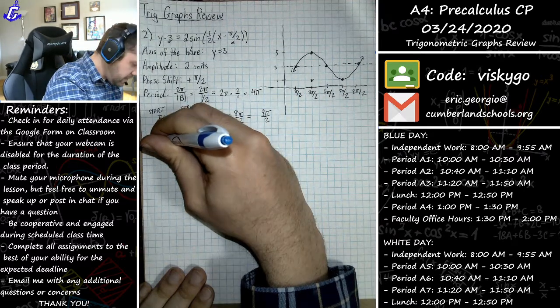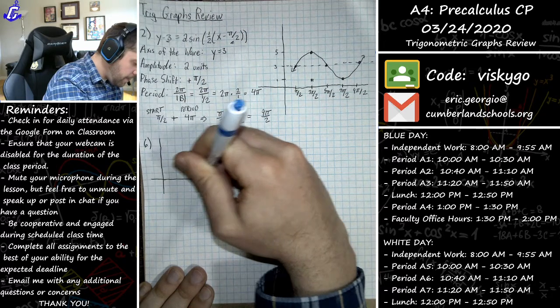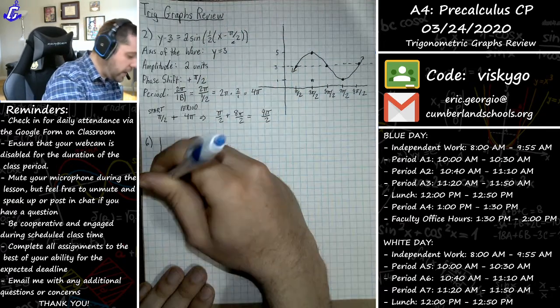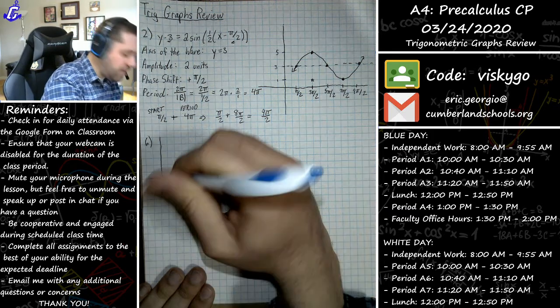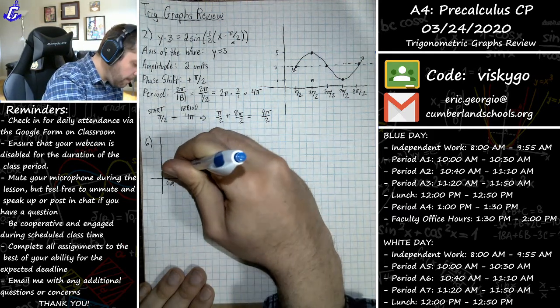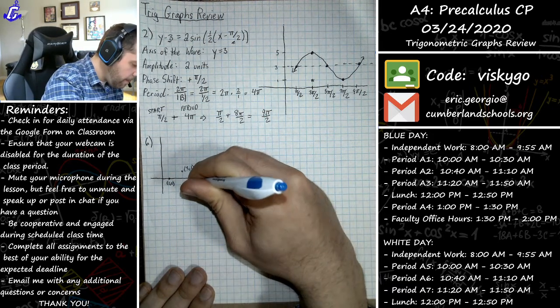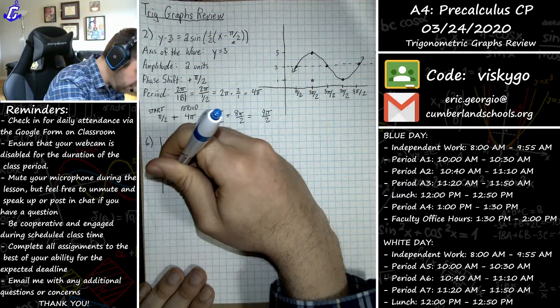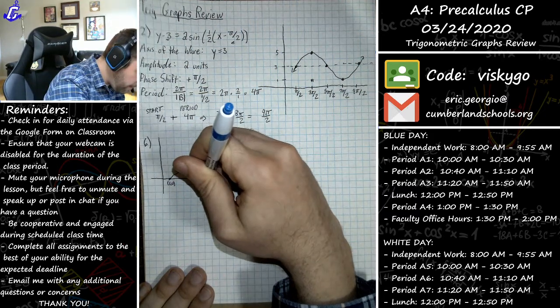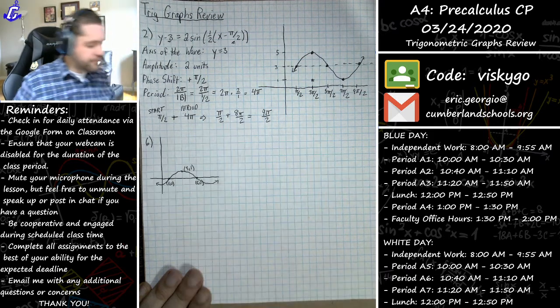So problem number 6 gives me something that looks kind of like this. We have a point at (1, 0), a point at (3, 1), and a point at (5, 0). We're pretty much just given this little section of the graph that looks like this, and another little bit over there.